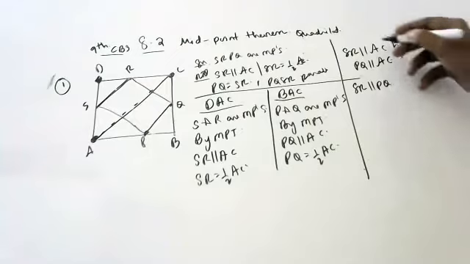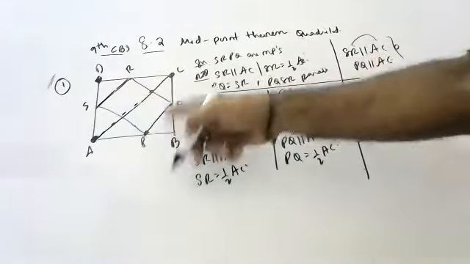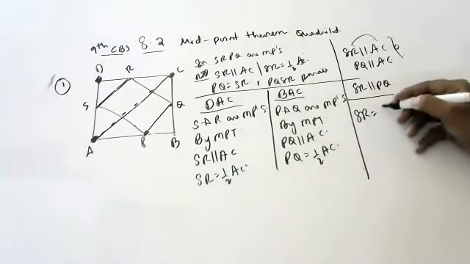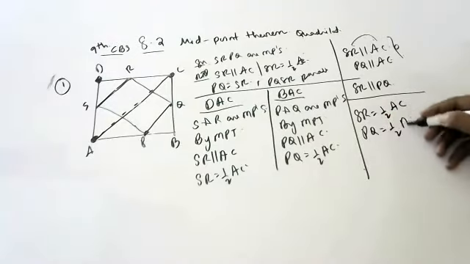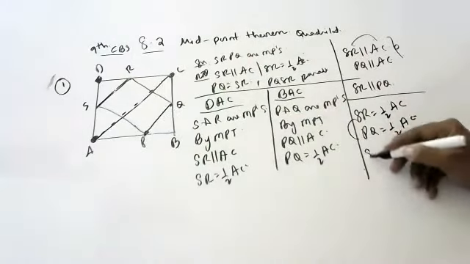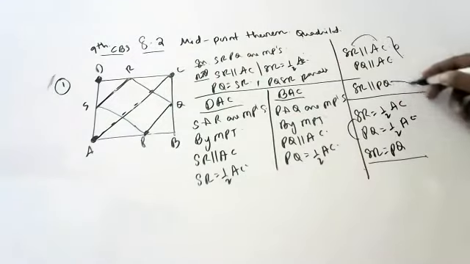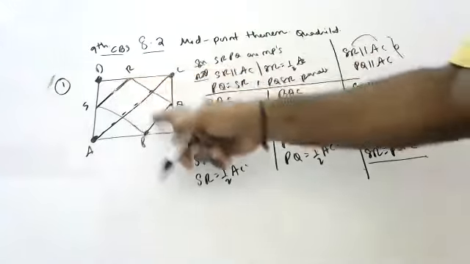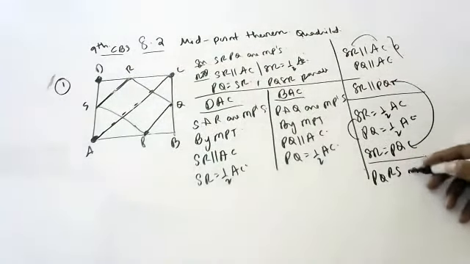In the same way, SR is half of AC and PQ is also half of AC, which means SR is equal to PQ. When opposite sides are equal and parallel, we can say that PQRS is a parallelogram.